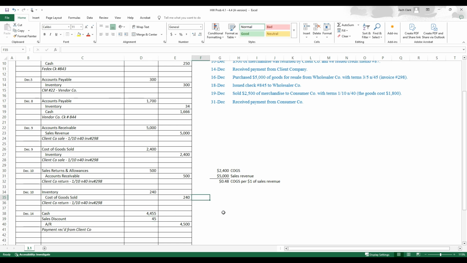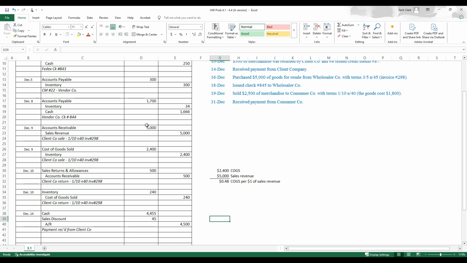Okay, and just to highlight one thing, the reason why we don't just reduce sales directly and we use these contra accounts is because it allows us to better analyze and track the discounts and returns separately from the sales, so that we can get a feel for what percentage of our sales is coming back, and what percentage of discounts we're offering when you look at a financial statement.